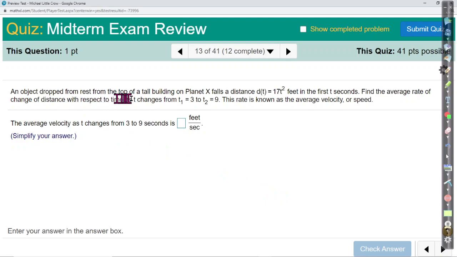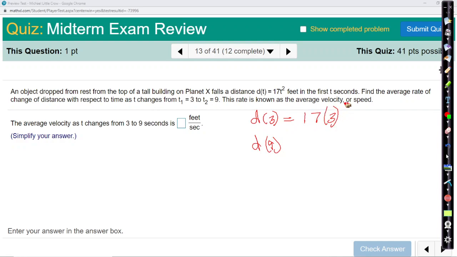Okay, an object dropped from rest at the top of a building on planet X falls a distance of 17t squared feet in the first t seconds. Find the average rate of change of distance with respect to time as t changes from 3 to 9. Okay, this is the average rate of change. So what we need is d of 3, and we need d of 9, and again we get that with 17.